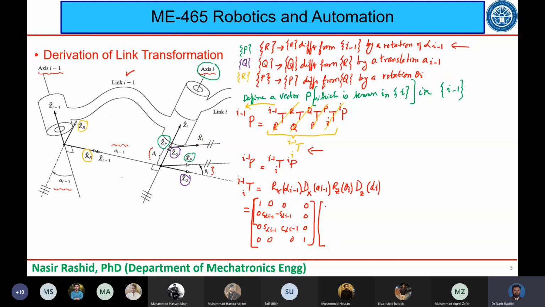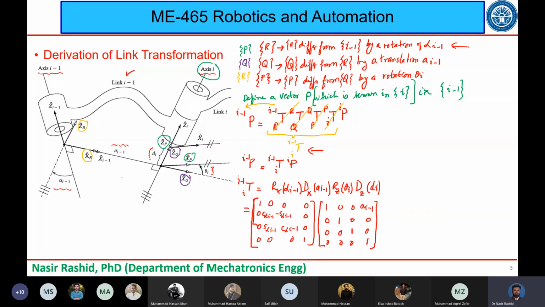Identity, जबरदस्त. So I am going to have 1 0 0, 0 1 0, 0 0 1, and I have a_{i-1} in x-axis. So this is 0 0 1 0 0 0. All right.